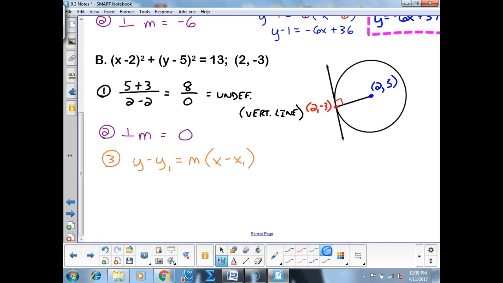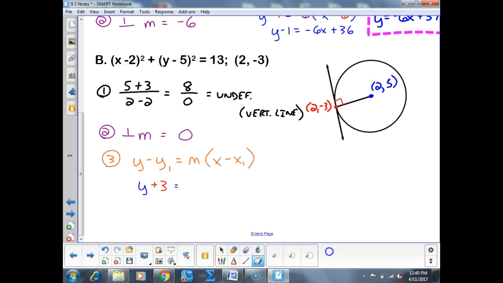So this is going to be y minus negative 3, which is plus 3, equals 0 times x minus 2. 0 times x minus 2 is 0.